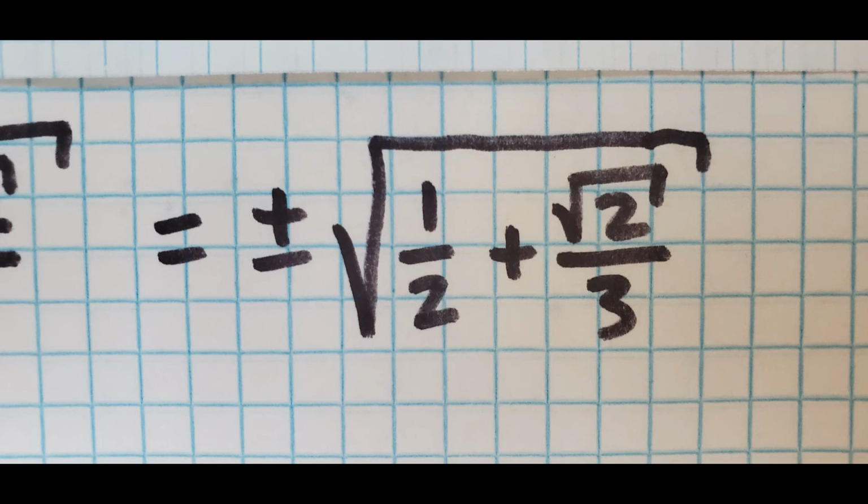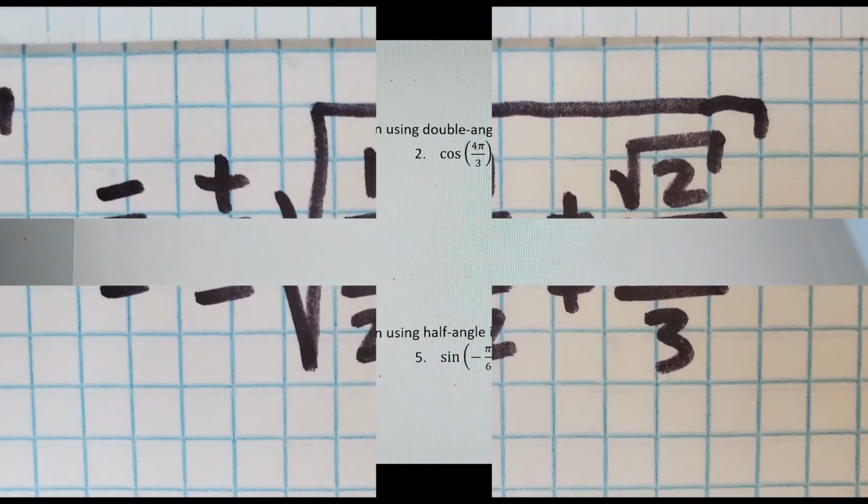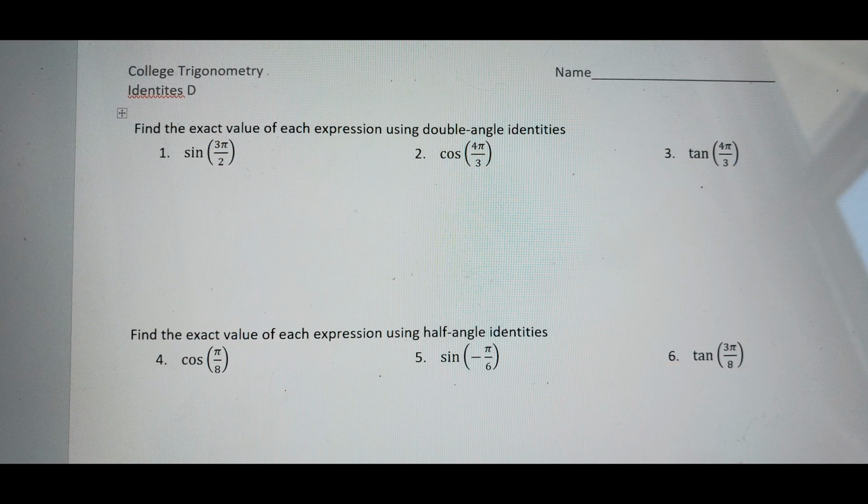Now, this is it for the example problems. All the problems on here are pretty similar. Number 1 through 3, it just says find all the expressions using double angles. So those are going to be super duper similar to the first 3 we did. Number 4 through 6, it says use the half angle. So that's really similar to the middle 6 that we just did.